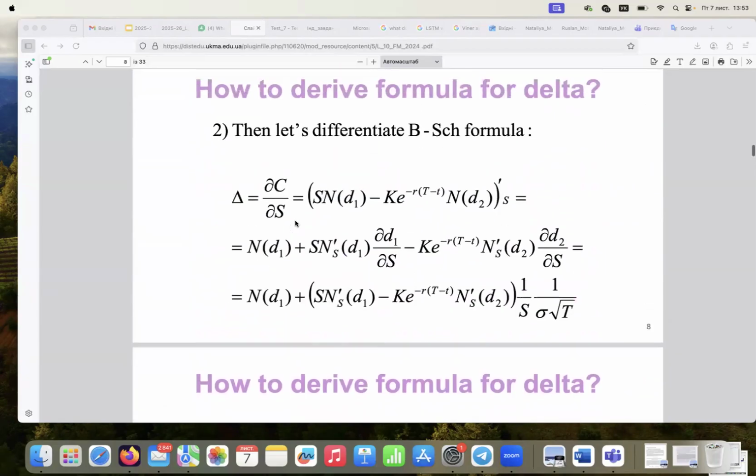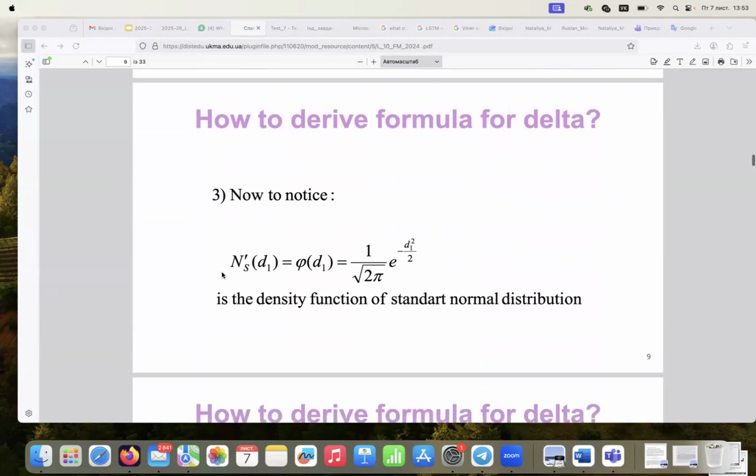Because you see that we need to know what is the derivative of the function N with respect to S. For this, we know that the derivative of the cumulative distribution function is the probability density, and we can denote it like phi of d1.